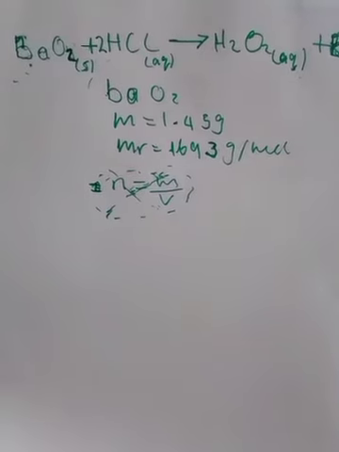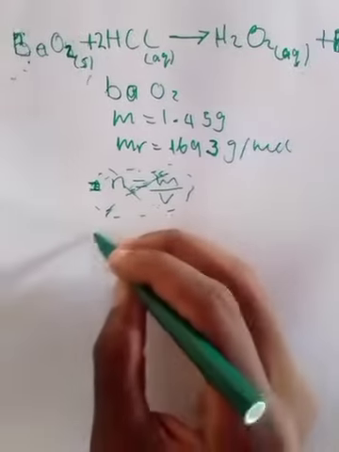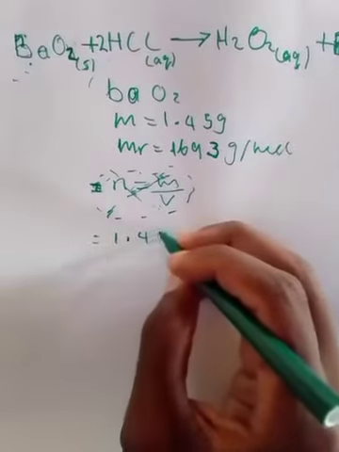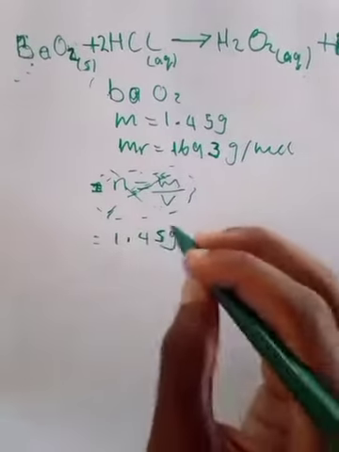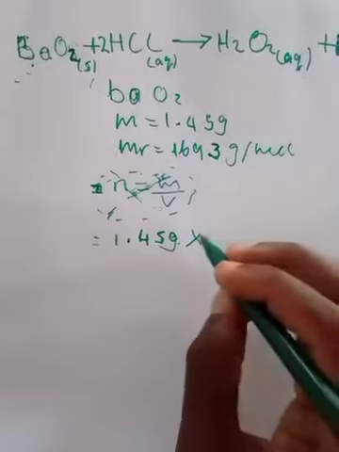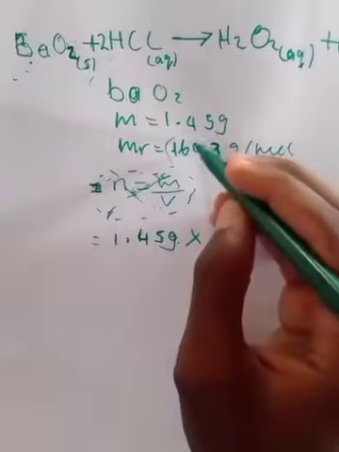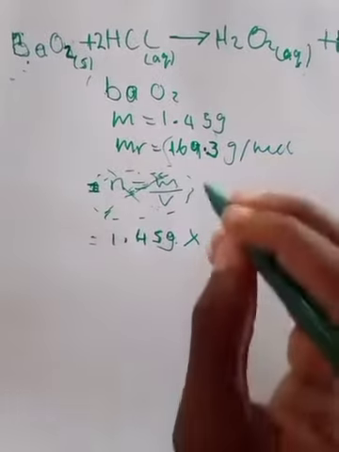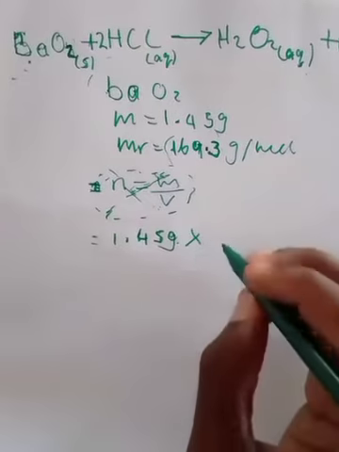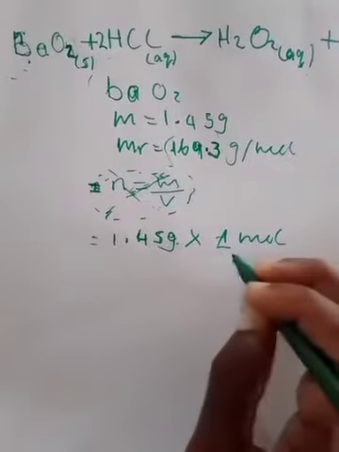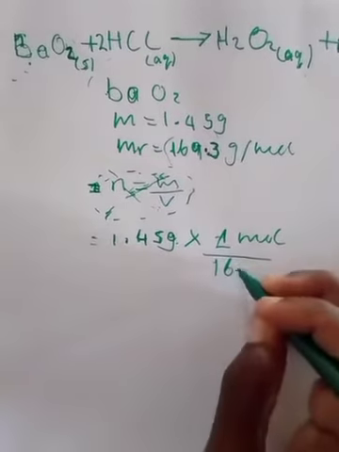Okay, so using dimensional analysis, first you're going to write 1.45 grams times 1 mole over 169.3 grams. Okay, so now the grams are going to cancel.